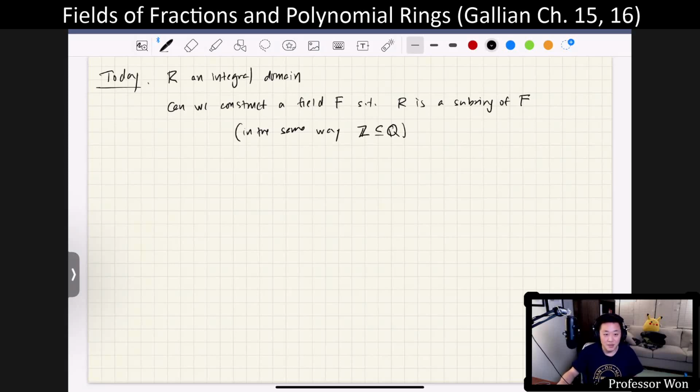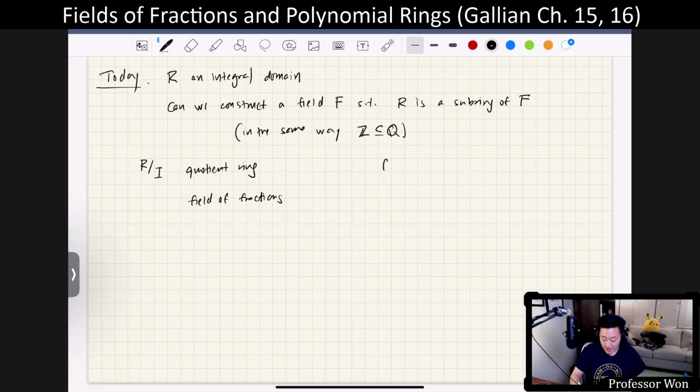although Gallian calls it the field of quotients. Okay, so my preference is for R mod I to be called a quotient ring, and for the thing that we're about to form today, I would like to call that the field of fractions. And I believe this is the more common convention.